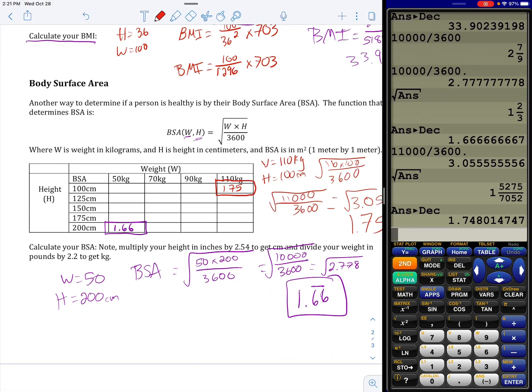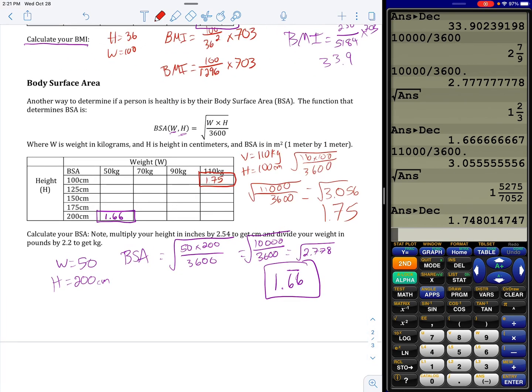So notice that this is somebody who is less than half the height, but they have more body surface area. So I want you to fill in this chart and then calculate your surface area. Multiply your height in inches by 2.54 to get your height in centimeters, and divide your weight in pounds by 2.2 to get kilograms.